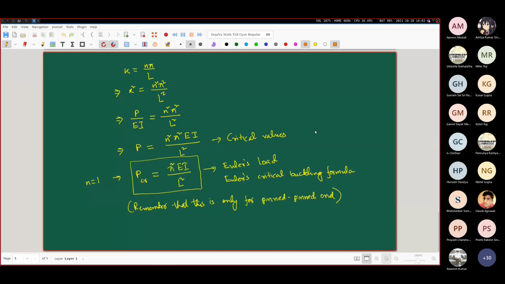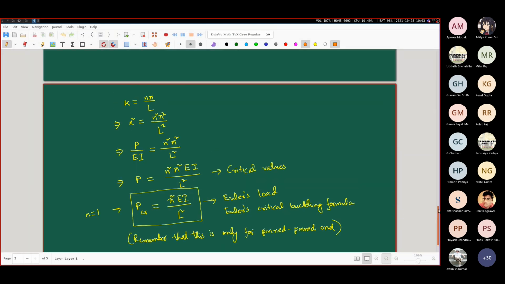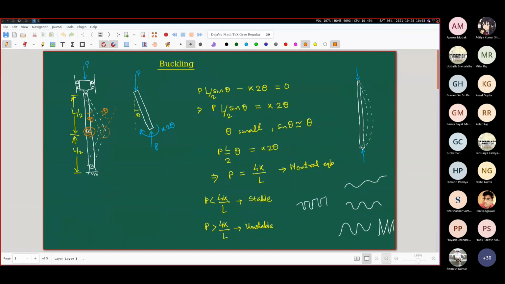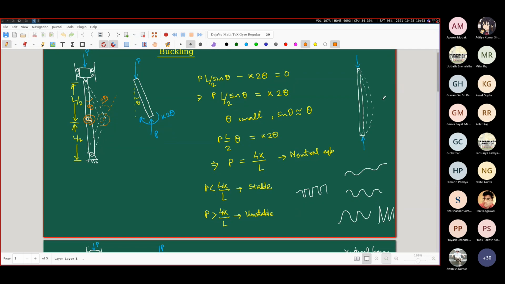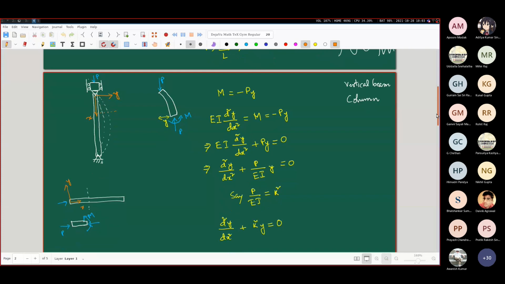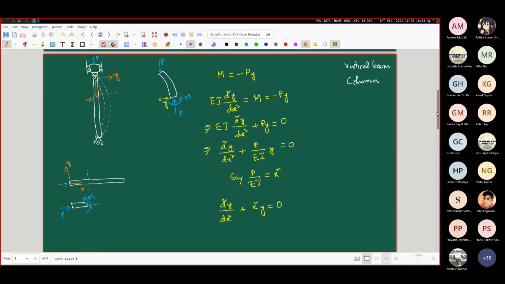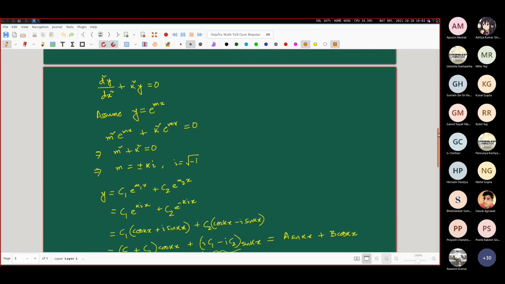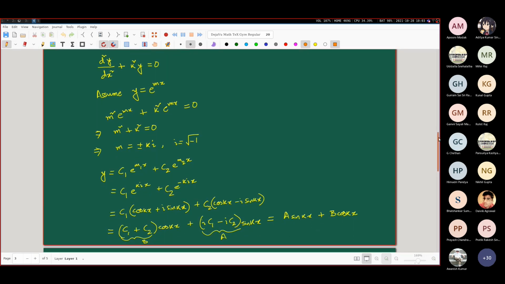In the previous class, we started with this new chapter on buckling. First we considered a relatively simple situation with two rigid links. Then we went on to an actual example of a vertical beam, which is referred to as a column, and determined the critical load at which buckling will occur.